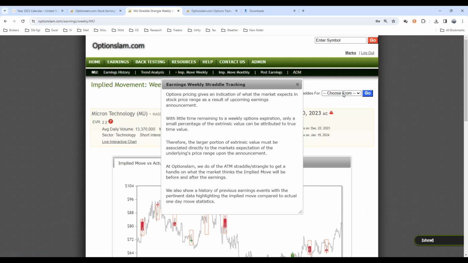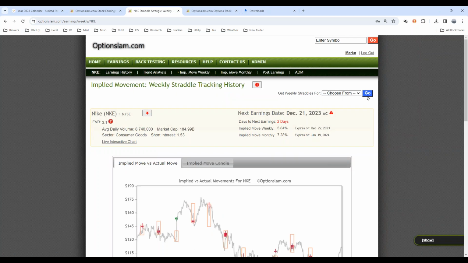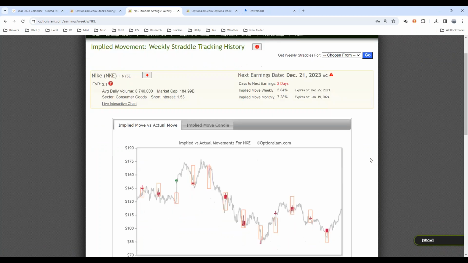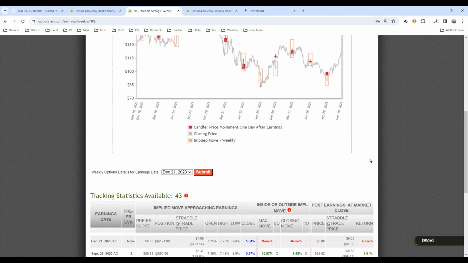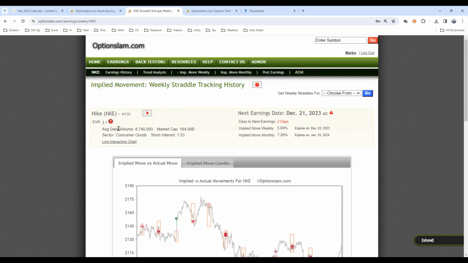So I'm going to just type in here, Nike. Hit enter or click that blue go button, and now I'm on implied move. Nike's got a little higher EVR than Micron. It's 3.1, a little higher than Micron.